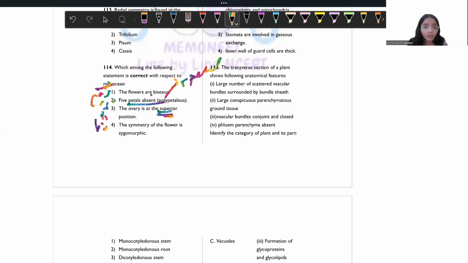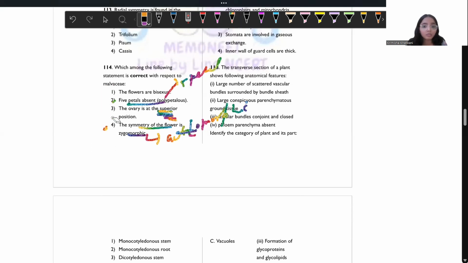The ovary of the Malvaceae family is superior. The symmetry of the flower is actinomorphic. So Malvaceae family flowers can be unisexual or bisexual, so saying they are bisexual is a wrong statement.